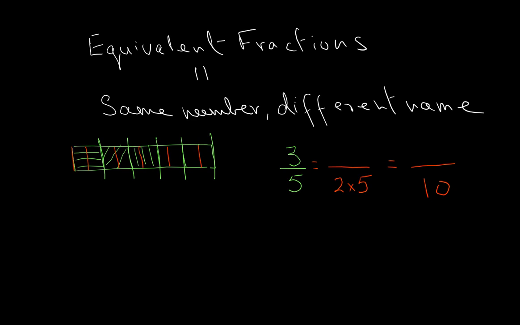So this was the piece I had, and now instead of one large green piece, I have two small red pieces, and the same applies to this one, and the same applies to this one. So that means I really have two threes. So what that means is that 3 over 5, or 3 fifths, is the same as 6 tenths. And they are the name of the same number on the number line.